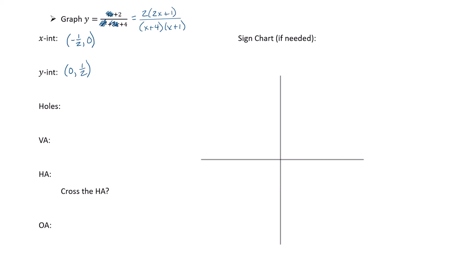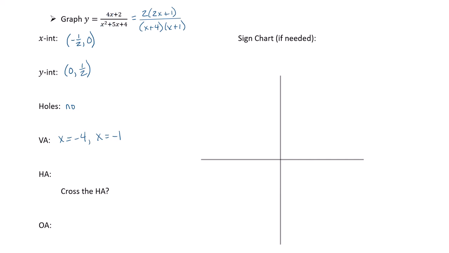I don't see any factors that are common in top and bottom to be able to remove. That means I don't have holes in this graph. For vertical asymptotes, both of the factors that are in the denominator are going to give us the vertical asymptotes. So x equals -4 and x equals -1.